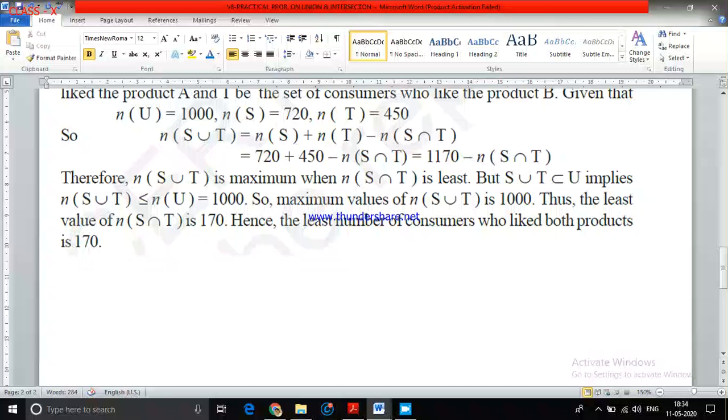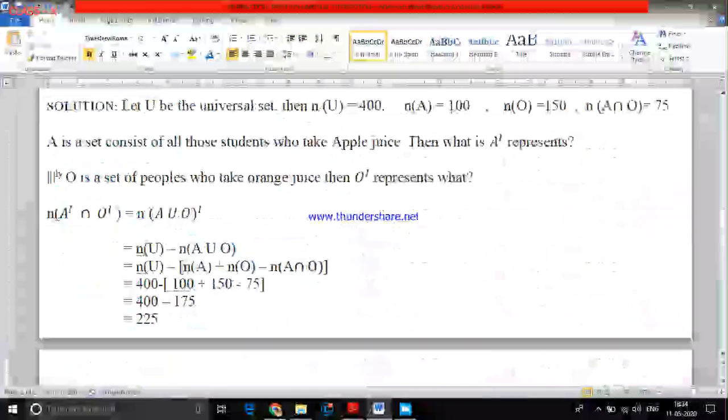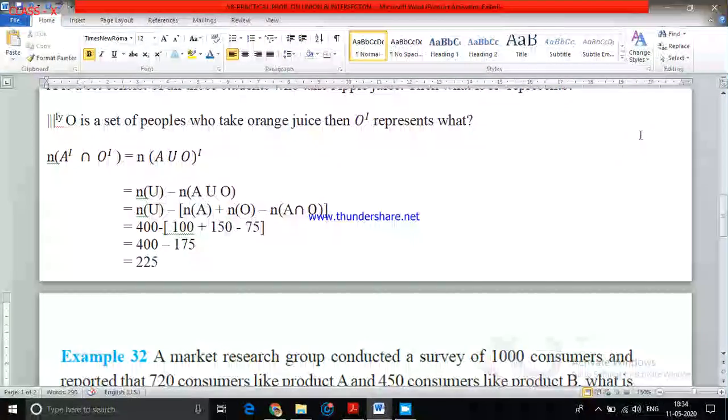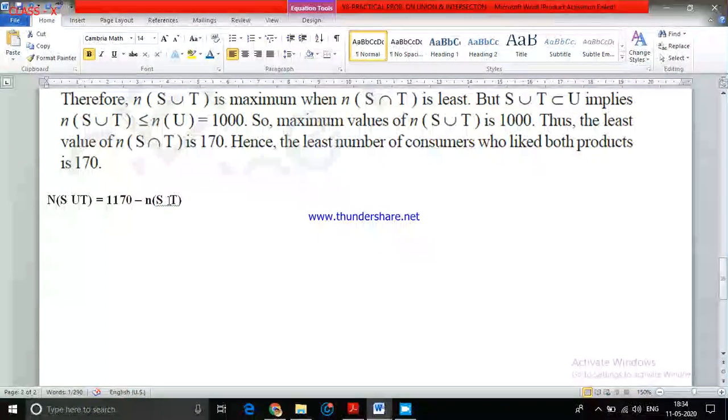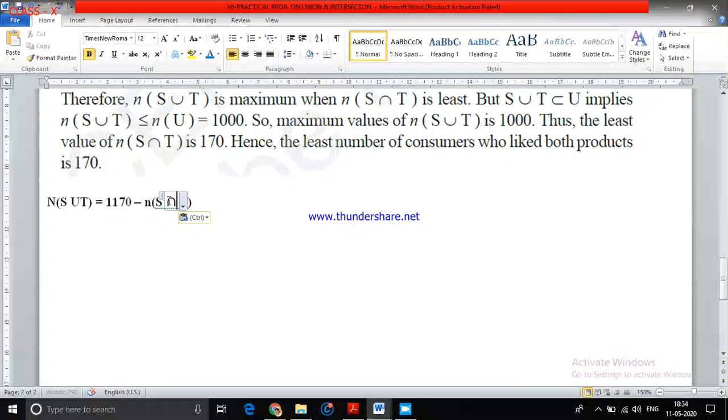So n(S union T) will be equal to 1170 minus n(S intersection T). Let me copy that intersection symbol from somewhere. Okay, so this is n(S intersection T).